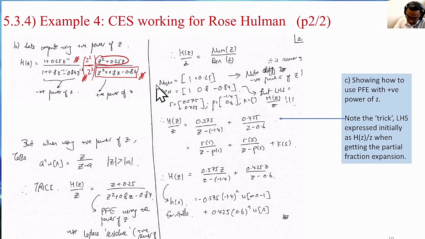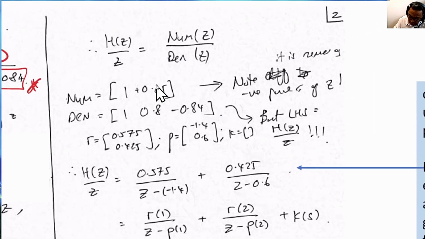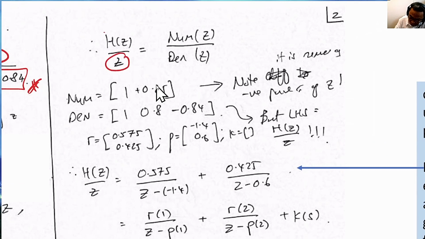Okay, so now, when you solve in positive powers of z, there is a trick. We express H(z) divided by z, and then we perform the partial fraction expansion of the right hand side. This is because later on we'll need to move the z back to the right hand side for the typical lookup table we are used to.